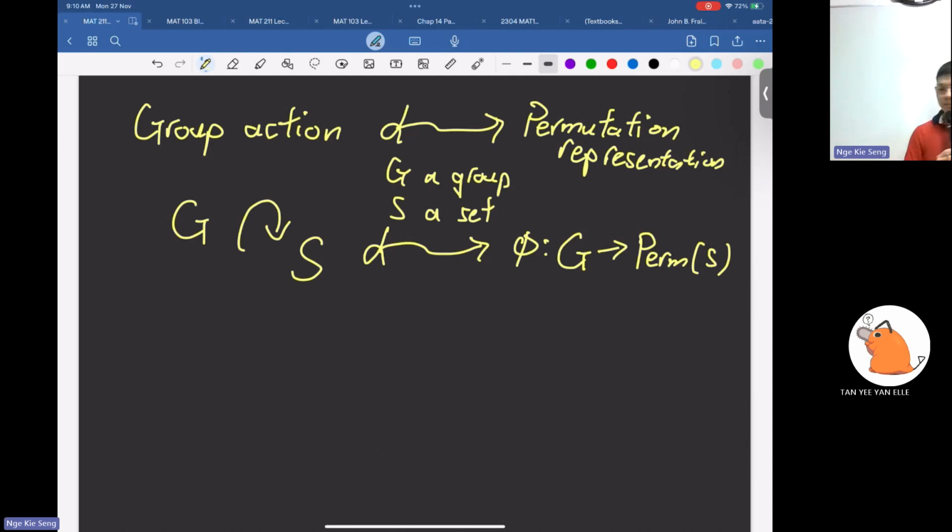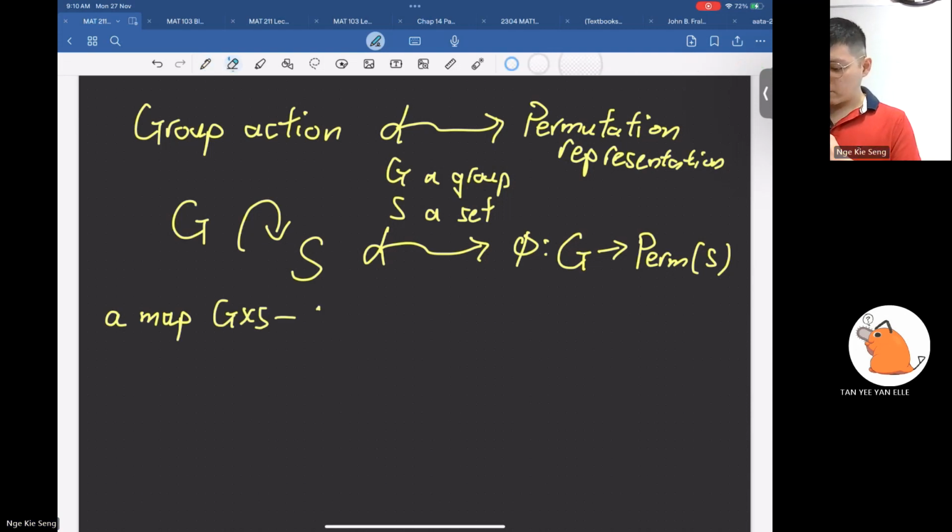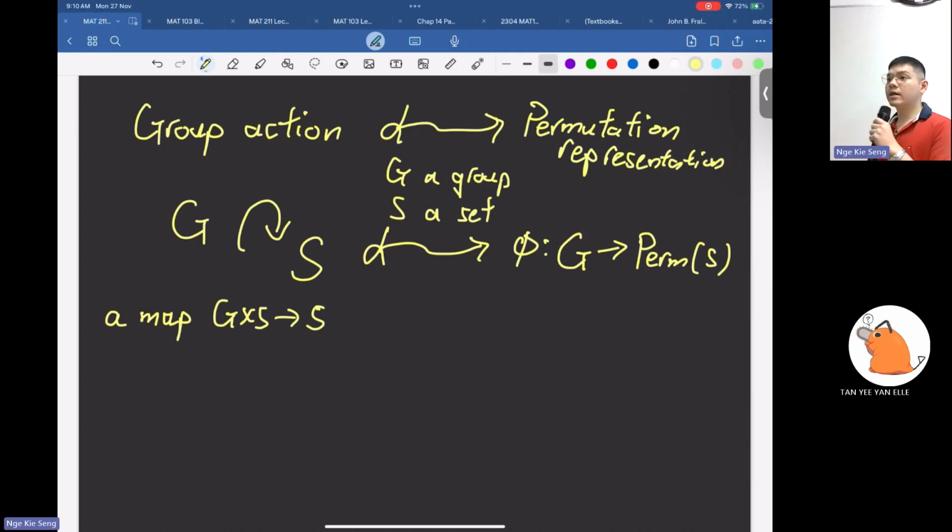So in the group action, what's the difference between these two? In a group action, we only know a map from G cross X to X. But on the right hand side here, we have a homomorphism.